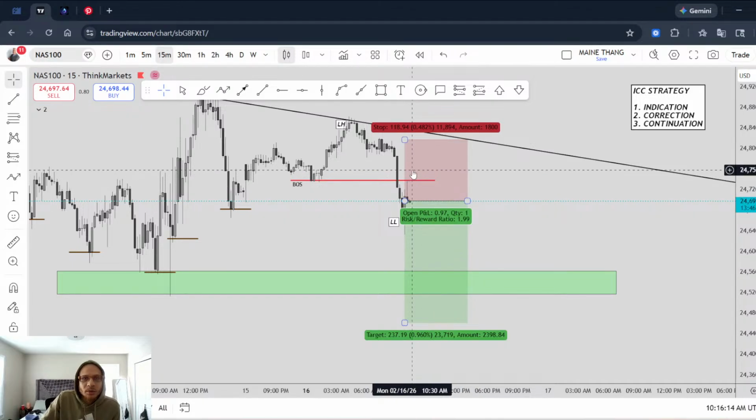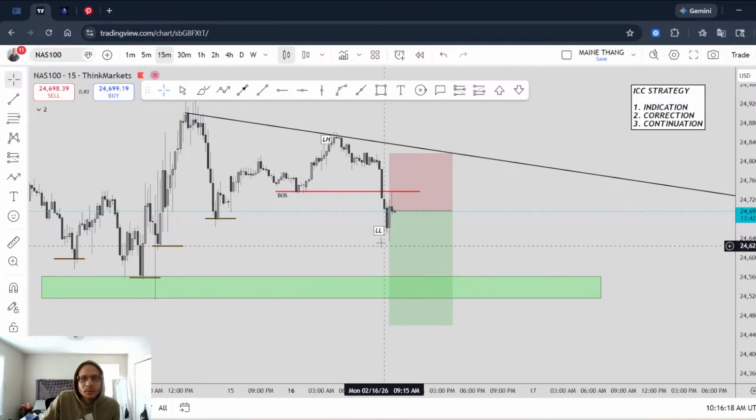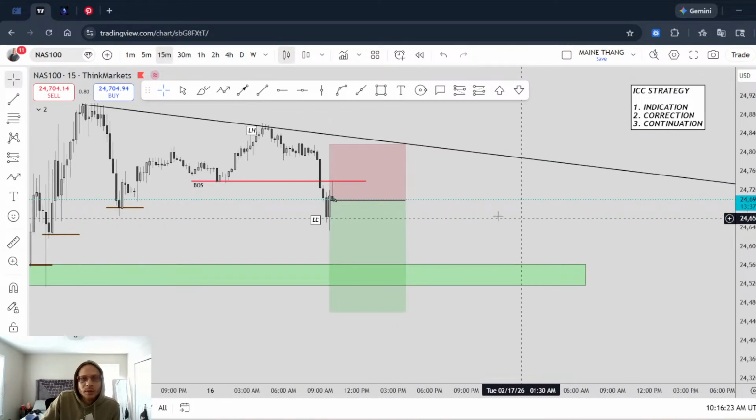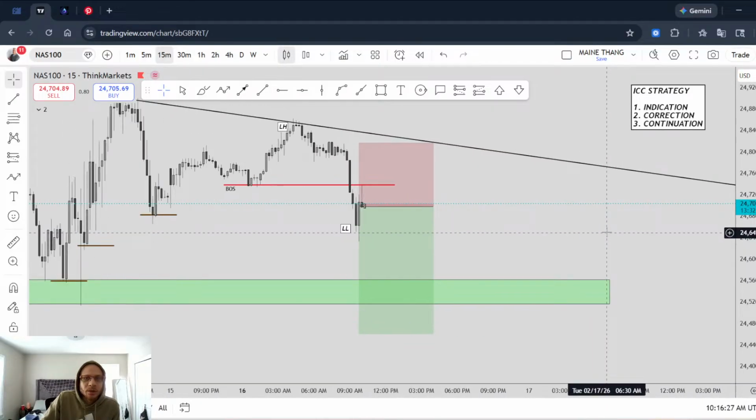I would have liked it to come over, so we might experience some drawdown if this isn't bearish.